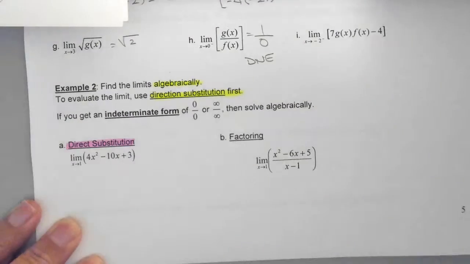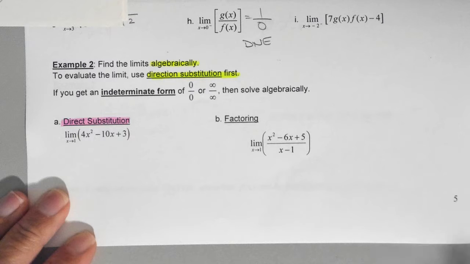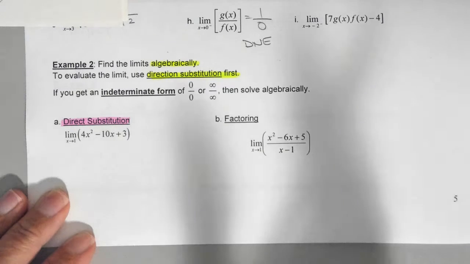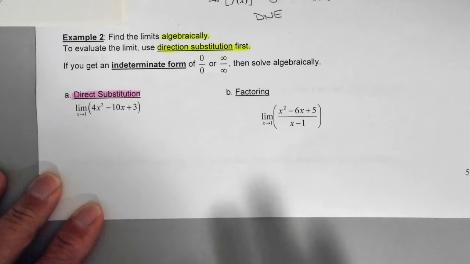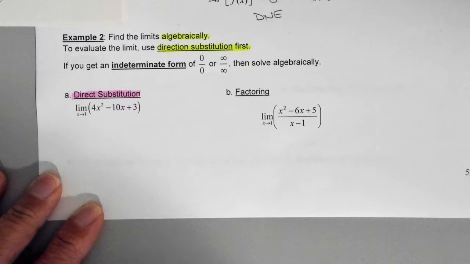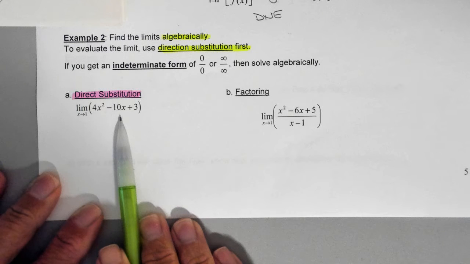The way I approach a direct substitution problem, or any limit problem at all, is I always try direct substitution. I look at the function that we're evaluating the limit as x approaches a, and I ask myself, first of all, is there any place that this function is undefined? First of all, can you classify this function for me? Yeah, it's a quadratic.